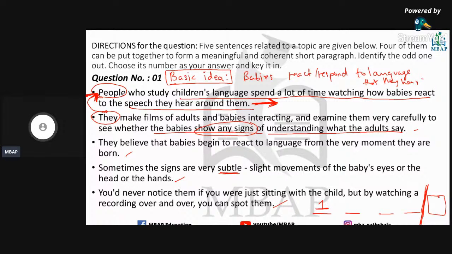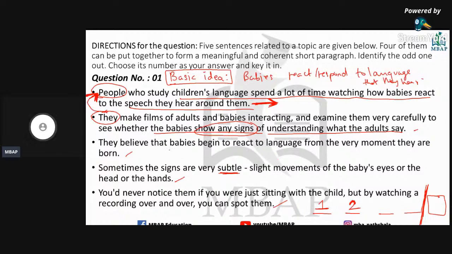Now if you read both the sentences together, you'll realize that the first sentence talks in general about those people who study children's language, and the second sentence says that these people make films of adults and babies interacting in order to examine carefully whether babies show any sign of understanding what the adults say. So my arrangement is: sentence 2 will follow sentence 1 immediately.